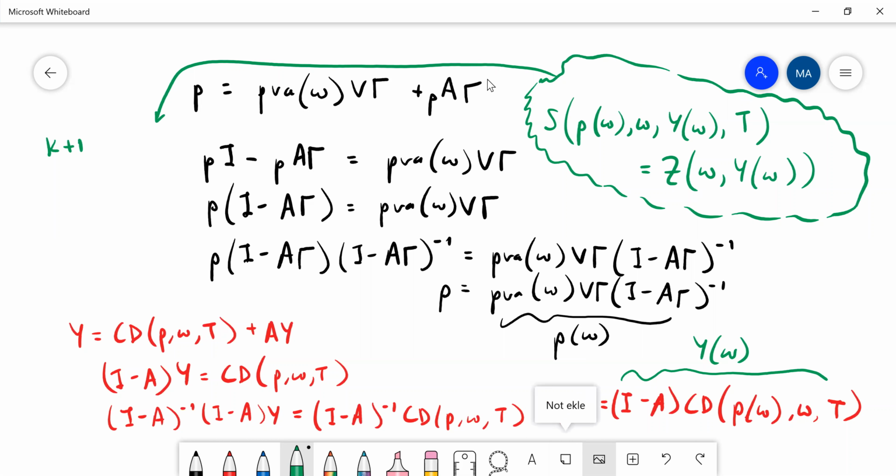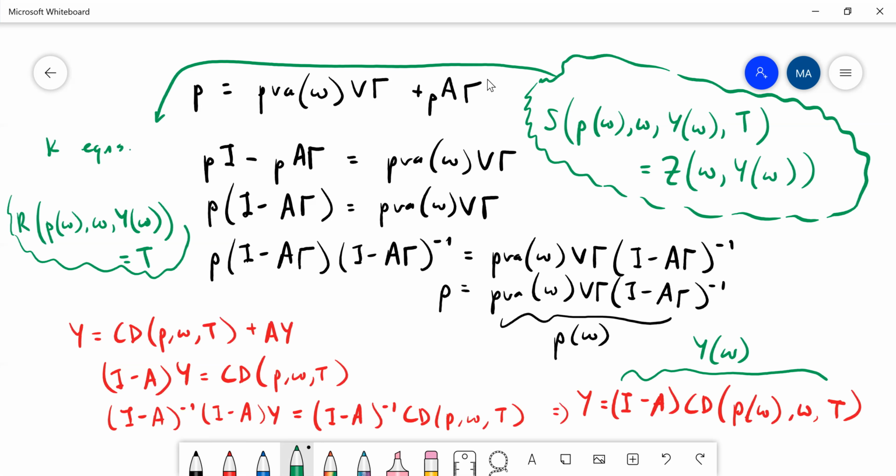So this is K, right? This is K equations. And you also have R, P omega, omega, Y omega equal T. All right, so this is K equations over there, and this is one equation. Okay, so your unknowns are omega 1, omega 2, dot, dot, dot, omega K and T.